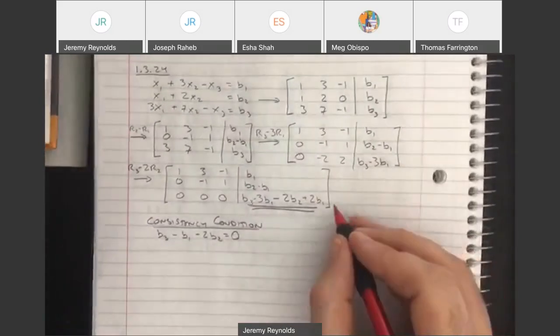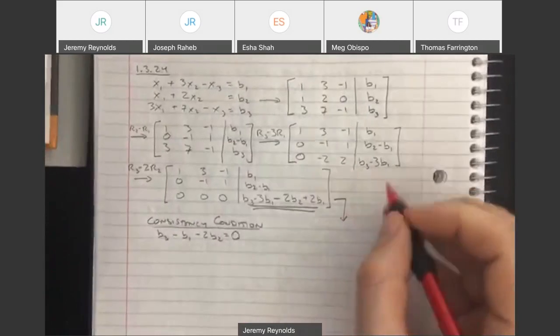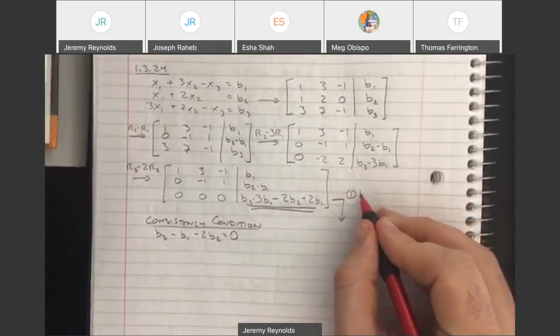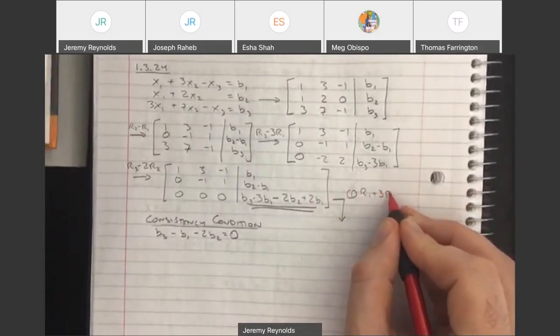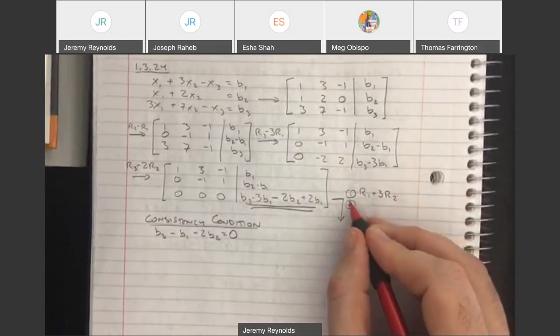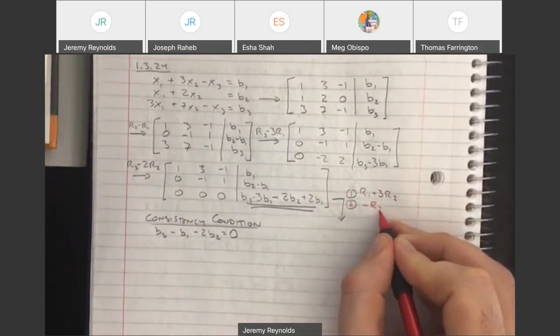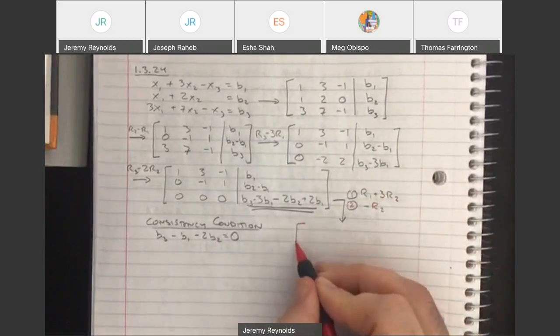I'm going to go one step further here. I'm going to do row 1 plus 3 row 2, and I'm also going to do negative row 2. You'll see why in a second.